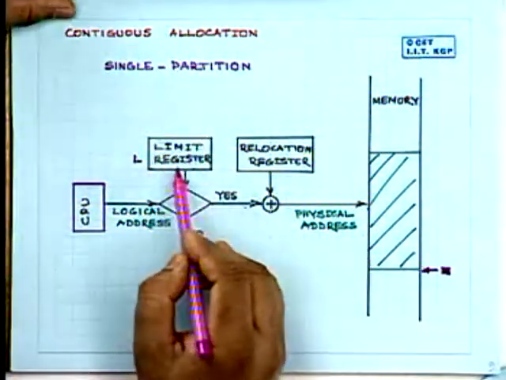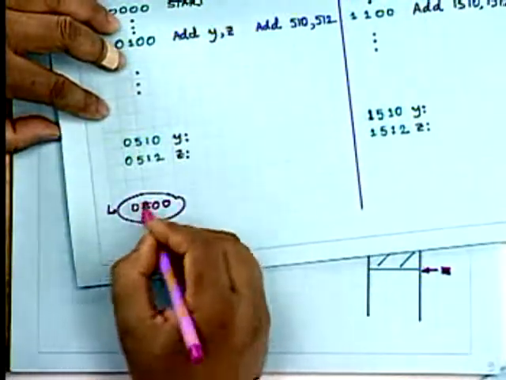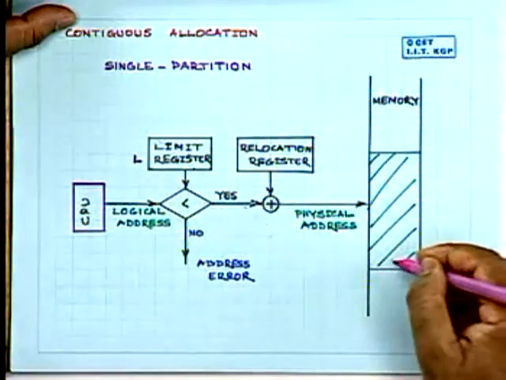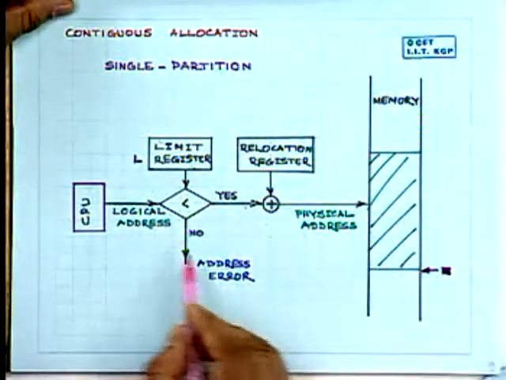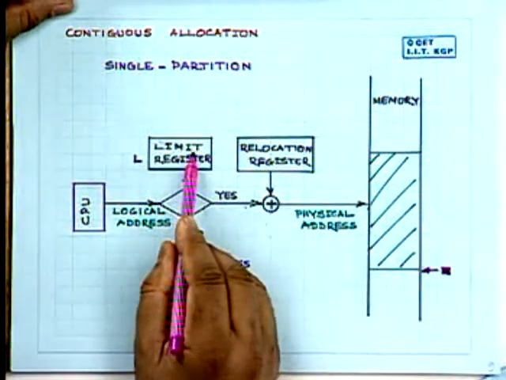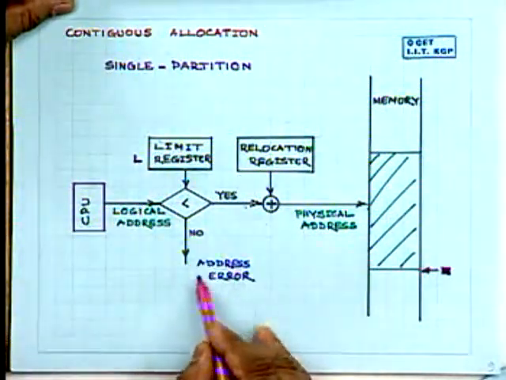The limit register is kept, and this value is loaded, just to check whether you are going beyond your partition or not. If the program is going beyond the partition or not. If it is not less than the limit register, where the value of L has been kept, then an address error is generated.